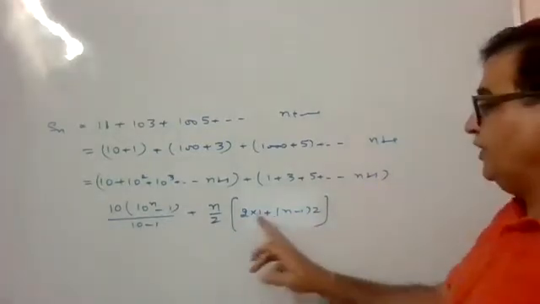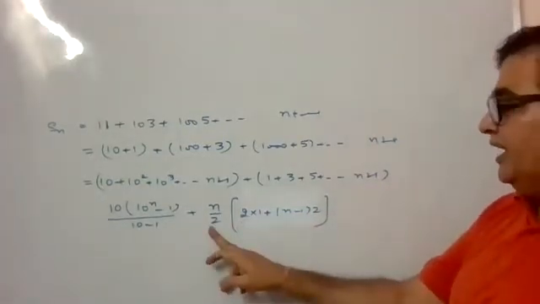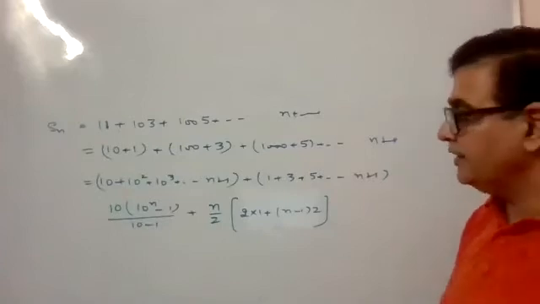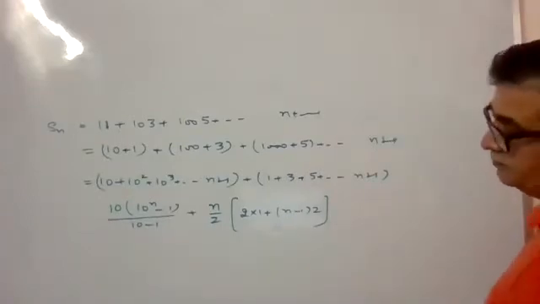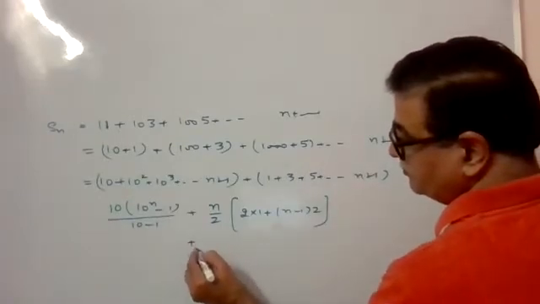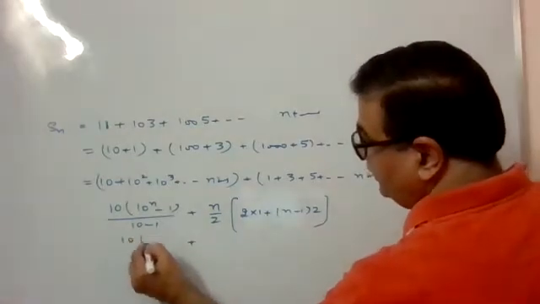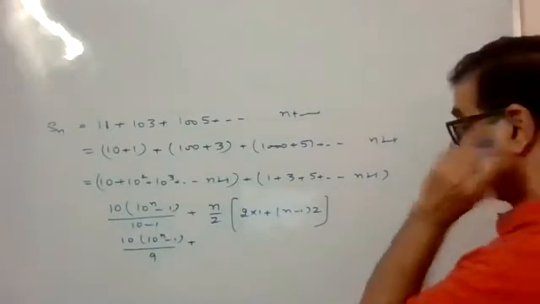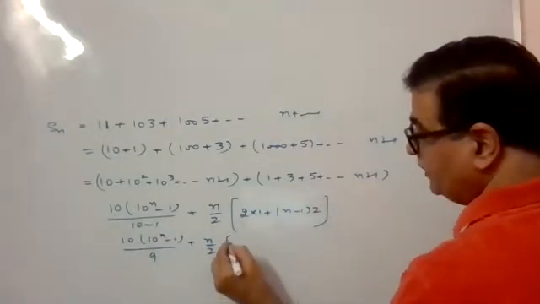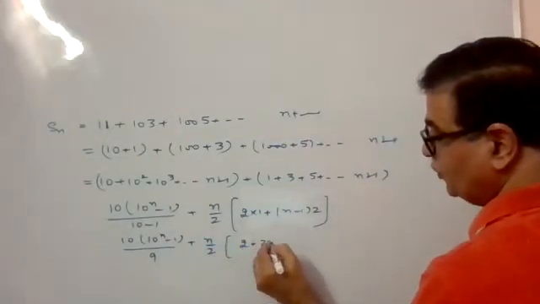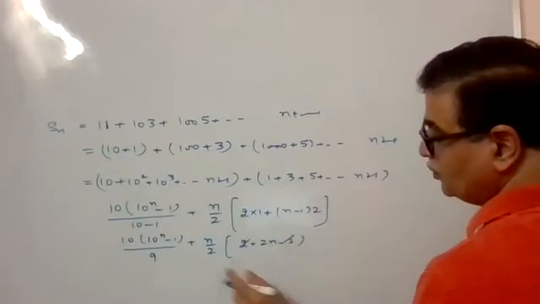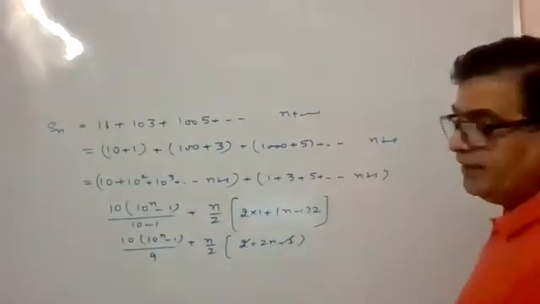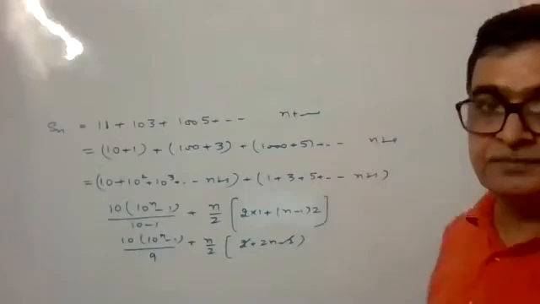You can solve it further: the 2 cancels out, and what is left is n square only. So we get 10 times 10 power n minus 1 by 9 plus n square.